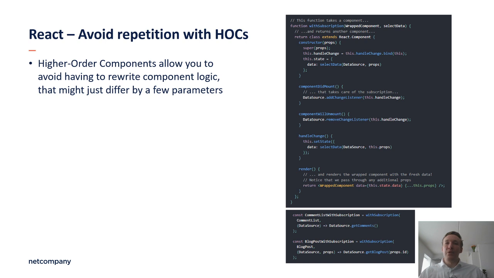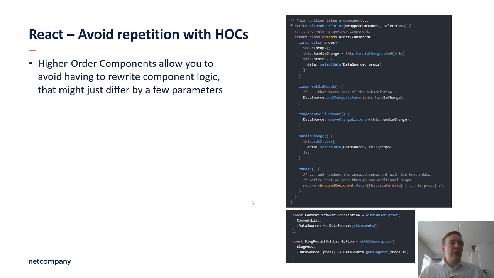And then you abstract away this fetching, this subscription to the data, and in each component you get a data source that you then get the data that you want from it. So that way you avoid writing all this code in each of your components.